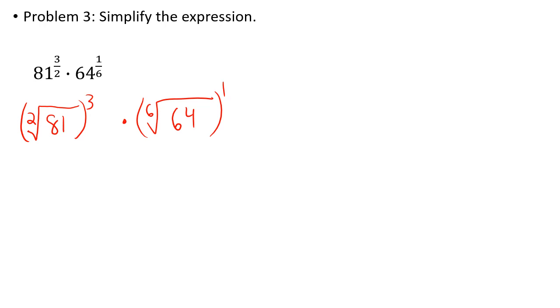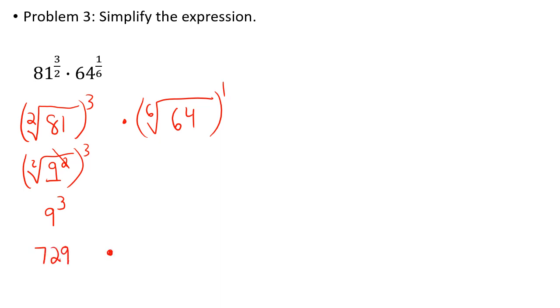So we're going to have to find a number squared that gets us 81 because our index is a 2. Well, 9 squared gives us 81. So now those will cancel out, leaving 9 to the 3rd. And that's 9 times 9 times 9, which is 729.